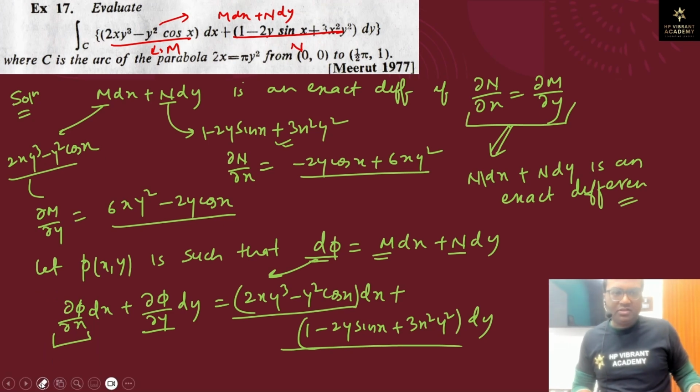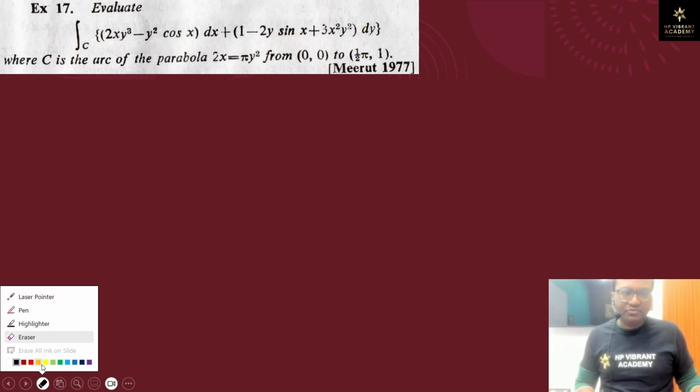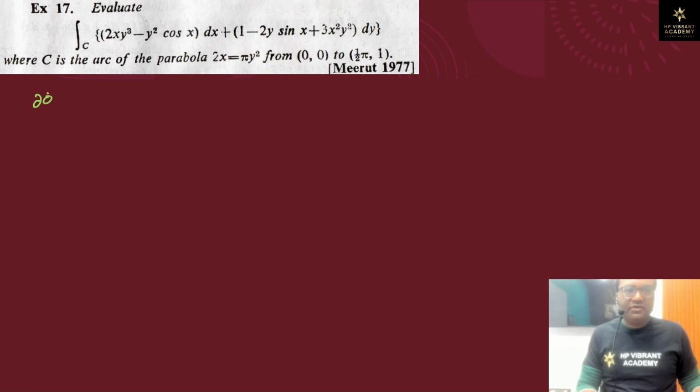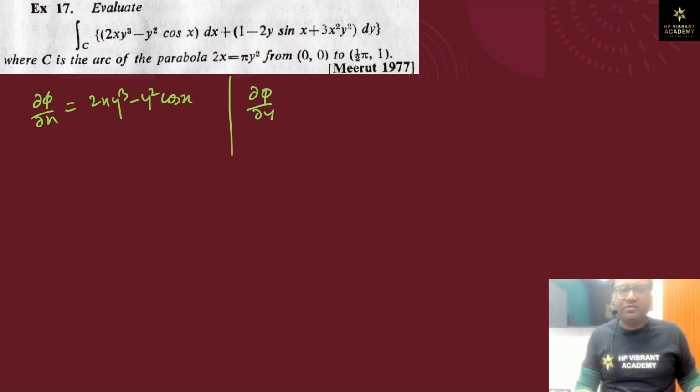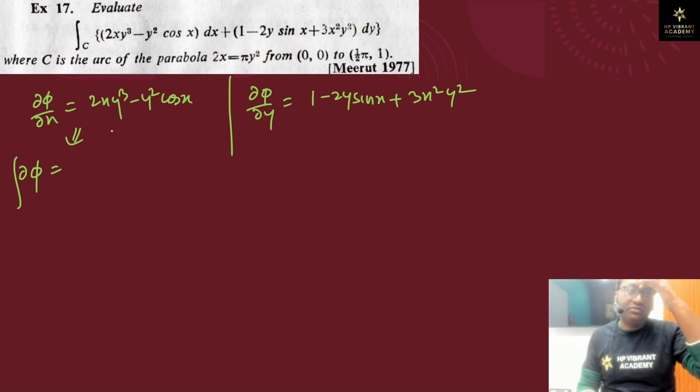So let us further simplify this. We have del phi upon del x as 2xy cube minus y square cos x, and del phi upon del y as 1 minus 2y sin x plus 3x square y square. So from here, integration of del phi gives phi. Let us integrate this with respect to x.